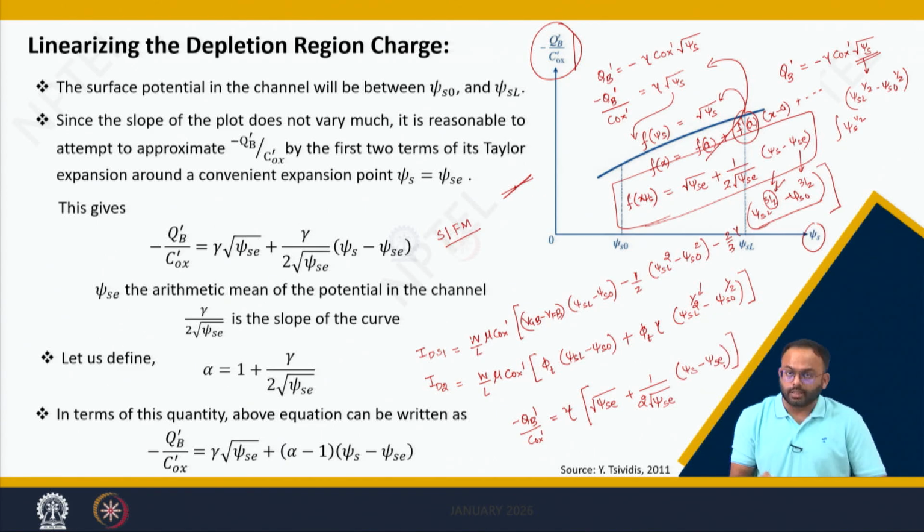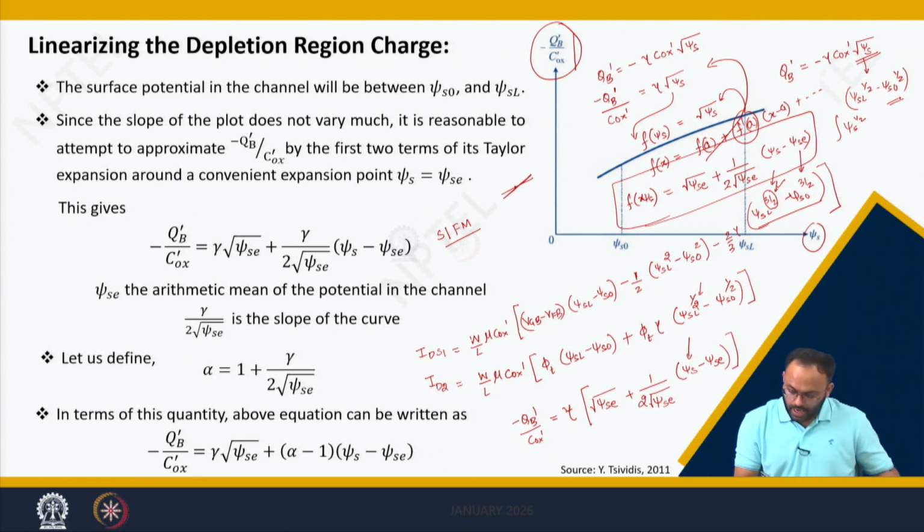If you see that the square root term is gone away, we have psi s term which is a linear term. So, to avoid the non-linearity, we can use Taylor series expansion to find out some expansion point around which we can linearize our system.